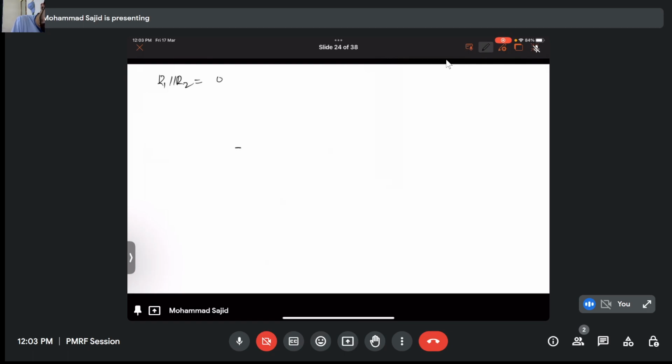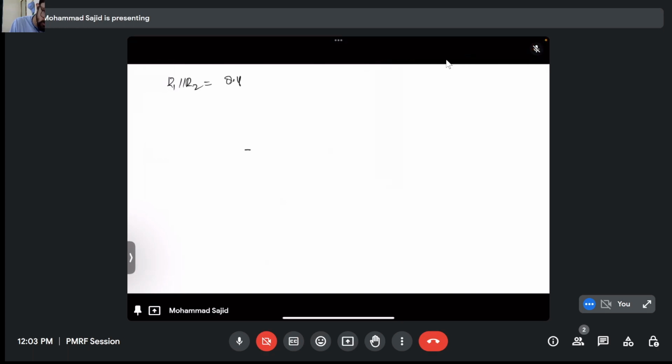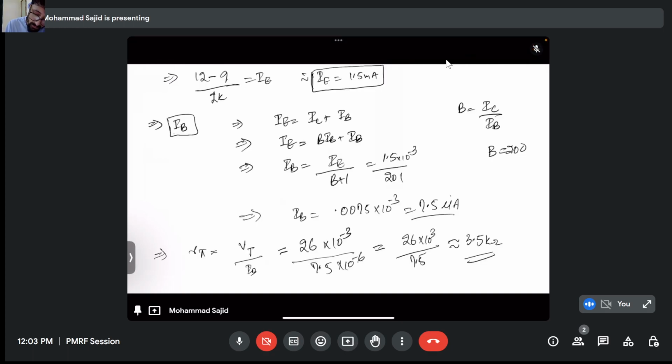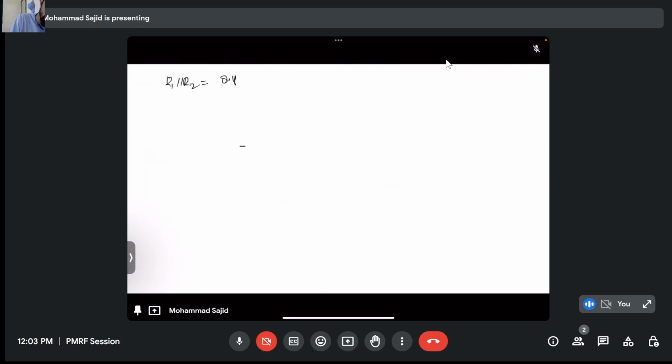R1 is given to us as 8.4K, R2 is 3.6K. R1 parallel R2 is 8.4K into 3.6K divided by 8.4K plus 3.6K, that is 8.4K into 3.6K by 12K.